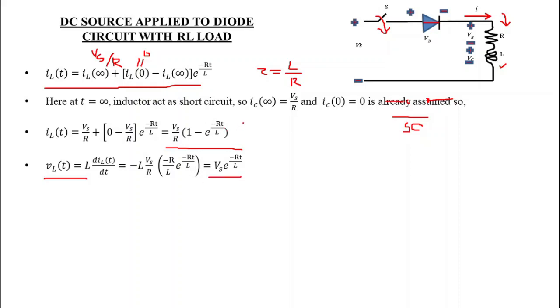Now here, when t equals 0, then what happens? This e to the power minus R by L t becomes 1, and 1 minus 1 is 0. So we get inductor current equal to 0.